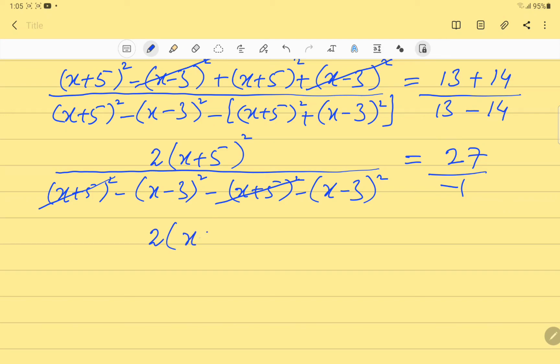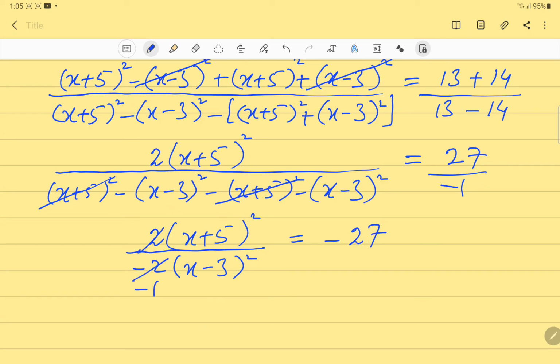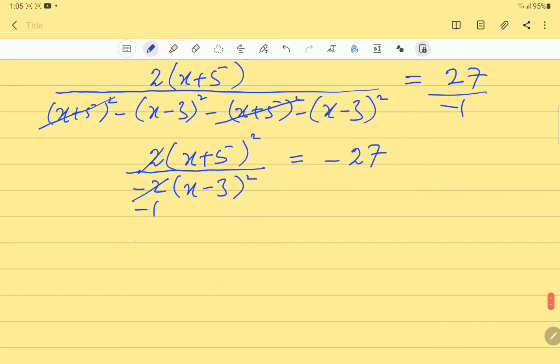So 2 into (x plus 5) squared over minus 2 into (x minus 3) squared is equal to minus 27. 2 cancels with minus 2, we are left with minus 1, so it will come out to be minus (x plus 5) squared over (x minus 3) squared is equal to minus 27.